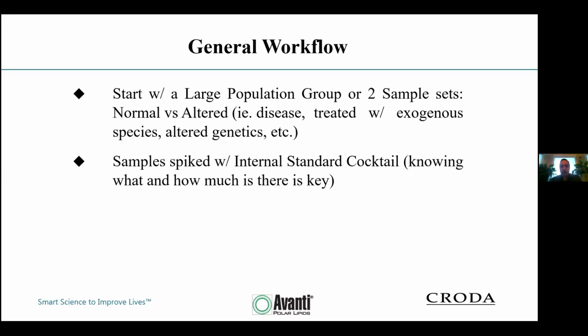You simply spike your sample with an internal standard cocktail, and you need to know how much internal standard to add. So scanning your particular tissue or cell of interest prior to putting the standard in is going to be helpful. Generally, what we find is if you're within 2 orders of magnitude of the endogenous level, be it higher or lower, your calibration curves are very good.